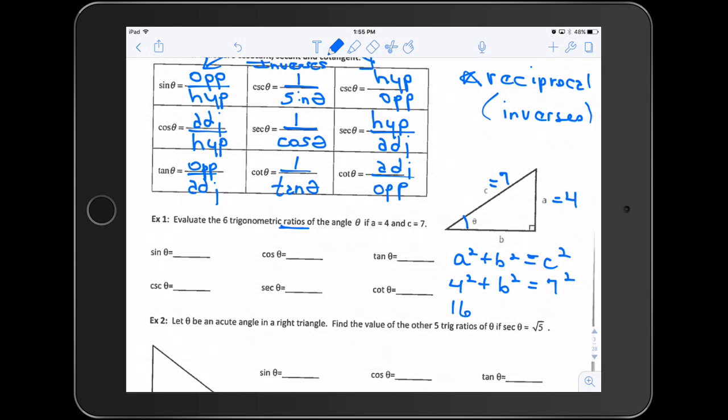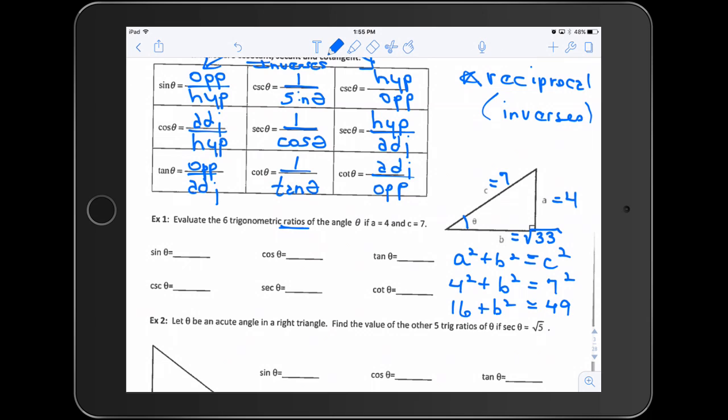So I have 16 plus b squared equals 49. When I subtract those, I end up with 33. When I take the square root of it, I end up with a b value of square root of 33. And square root of 33 cannot be simplified. Now if it were like the square root of 20, you would simplify it and go from there, but square root of 33 is it.